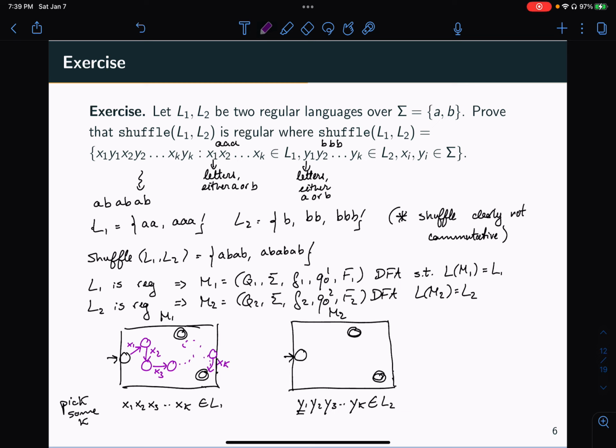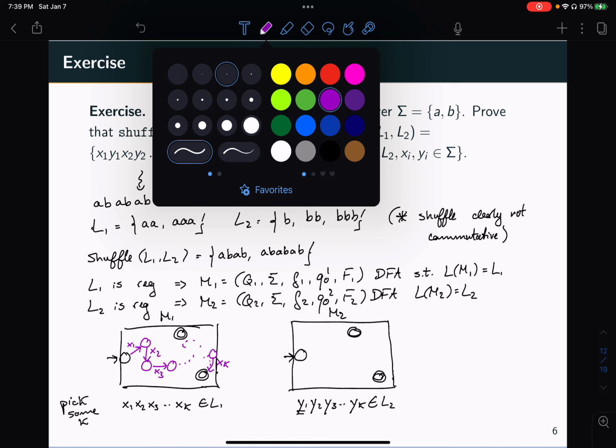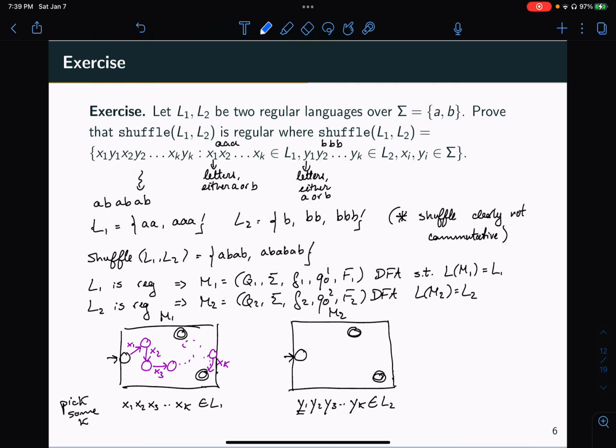Similarly, for the string of length K in L2, perhaps Y1 goes to this state, Y2 goes to this state, Y3 goes to this state, and then Yk goes to an accept state.